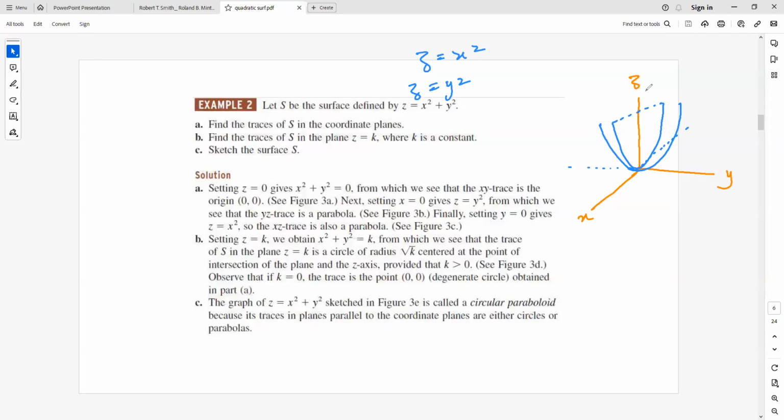And if we join these like this, we will get a surface called a paraboloid, right? Like this. It's not clear. It will be somewhat like this.